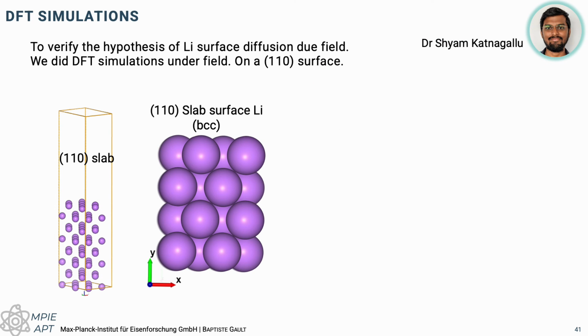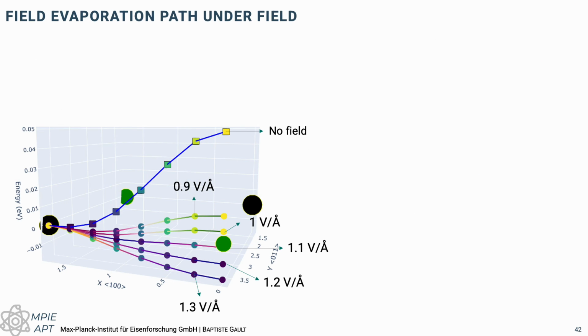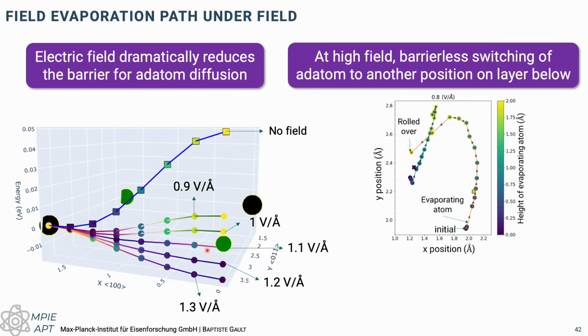So we turned to our theory colleagues, and they did some DFT calculations of the pure lithium under high electric field conditions, looking at this structure, and we can see that as the field increases, there's a point where the lithium atom is actually barrier free. It can just leave and be field evaporated. That's been the norm in the sort of theory that they've been doing.